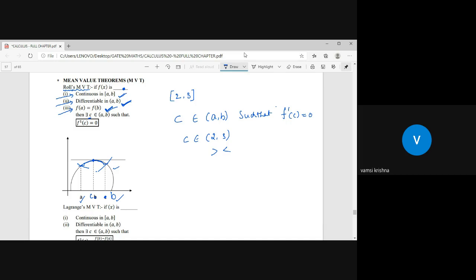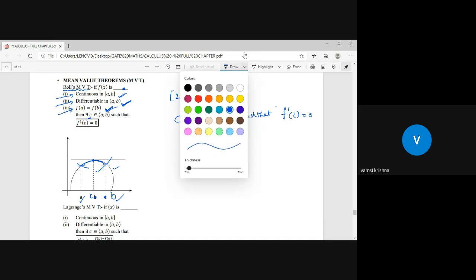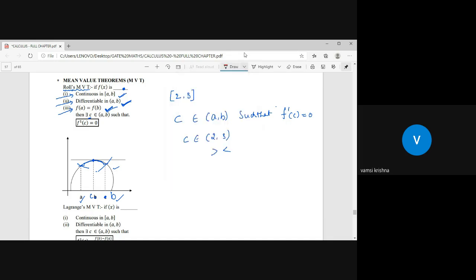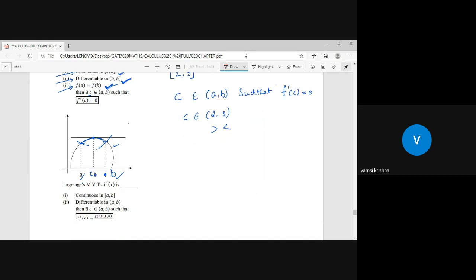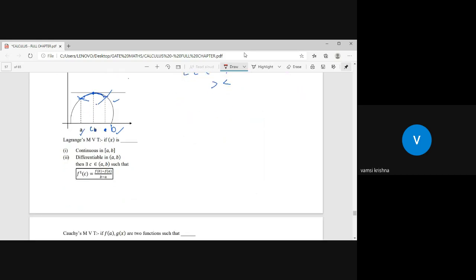So somewhere there exists some point c here. So that is Rolle's. If you read the theorem statement in the right way, then you can understand the model of the question first. If you understand which case the problem belongs to, then you can easily solve the question.